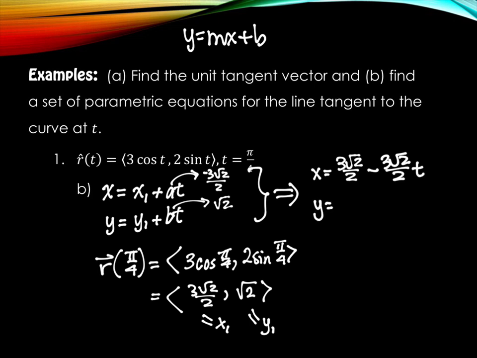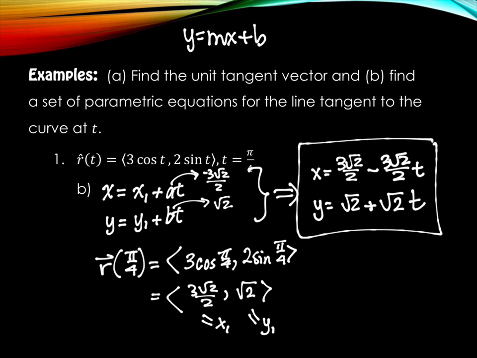And then the y value is the y1, which is square root of 2, plus the b value, which is another square root of 2 t. And these are the parametric equations that will do this for us. And the pattern will be the same for all that we're working with. We'll develop more about parametric equations in other contexts later. Okay, but they're going to work like this for what we're doing in this section.